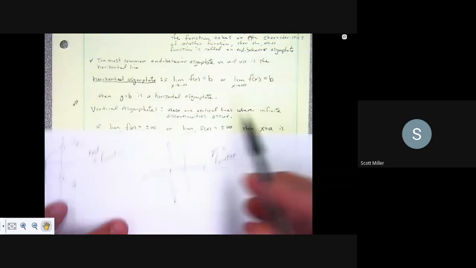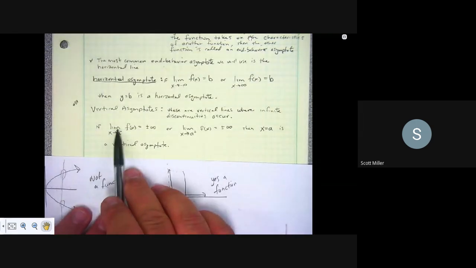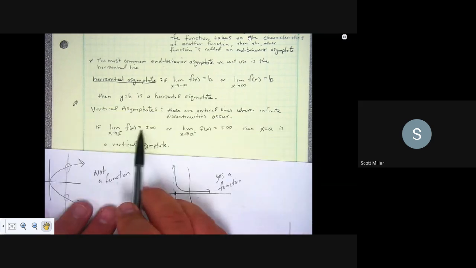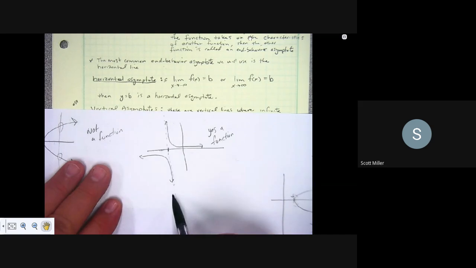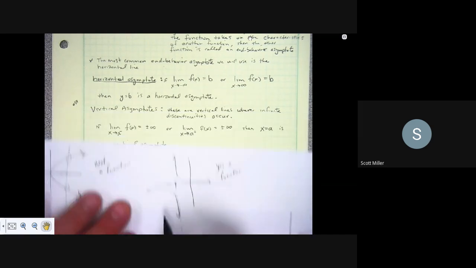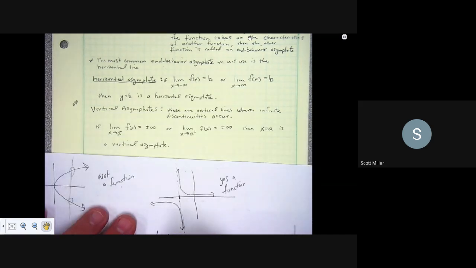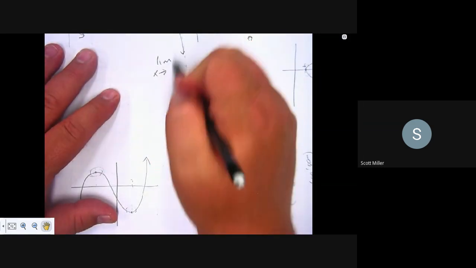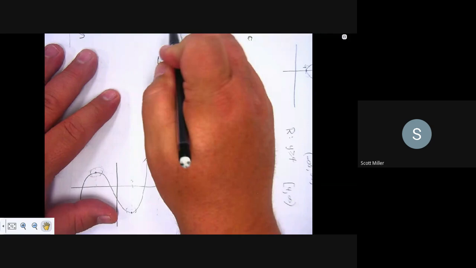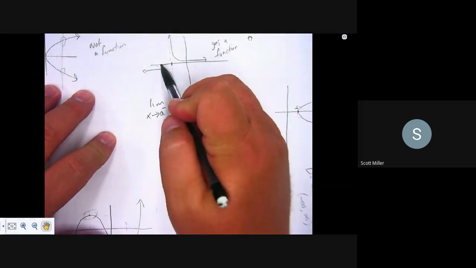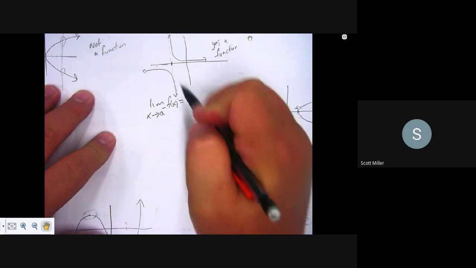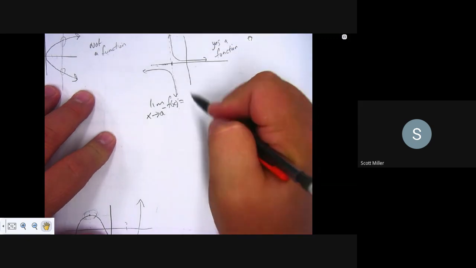So the limit as x approaches a value from the left, the y values are either going to go up or down. In this case, they would go down, so you use the negative infinity. So this one is the limit as x approaches, I'll just say a from the left, that's what we're illustrating here. We're on the left side of this point. The values of the function are going to go downward to negative infinity.